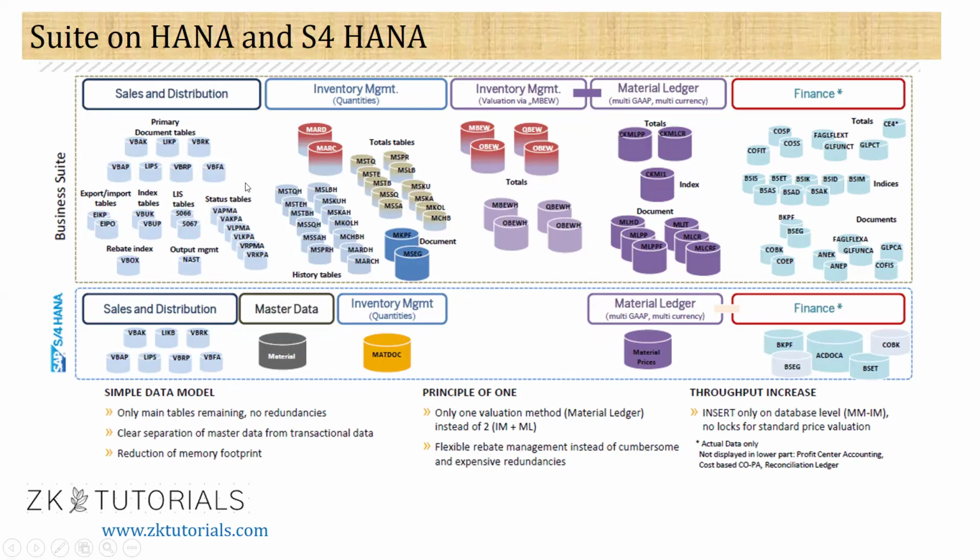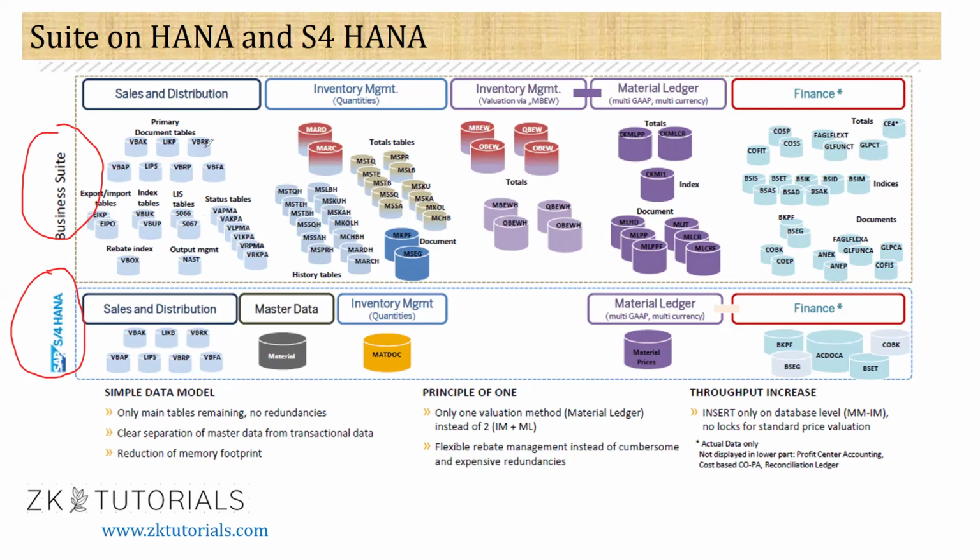This is my sales distribution. This is my material management. This is my inventory management, material ledger. This is my finance. This is my business suite and this is my S4 HANA. You can see different areas, lines of business.